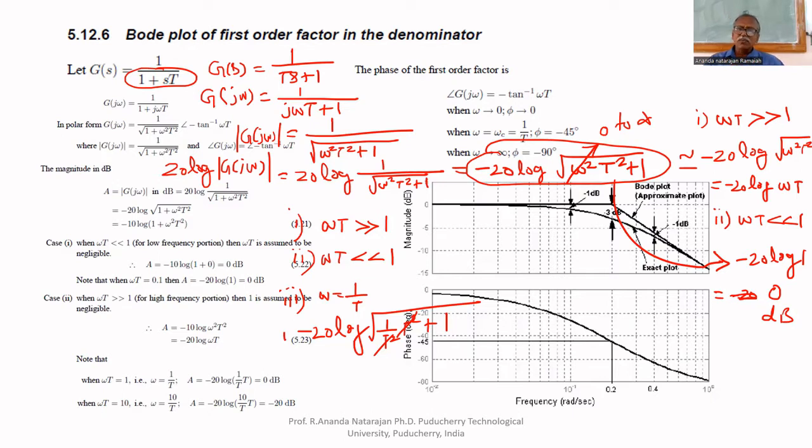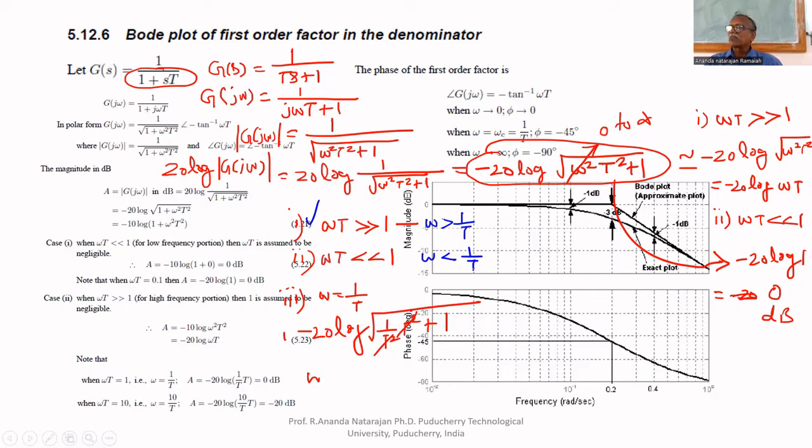When omega is greater than 1 by tau, 1 is negligible. When omega is less than 1 by tau, it comes under the other category. Now we can define the two cases like this. When omega is greater than 1 by tau, it comes under this category. When omega is less than 1 by tau, it comes under that category.